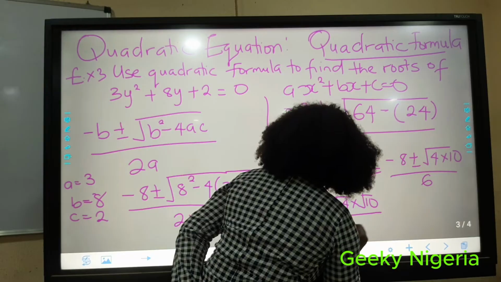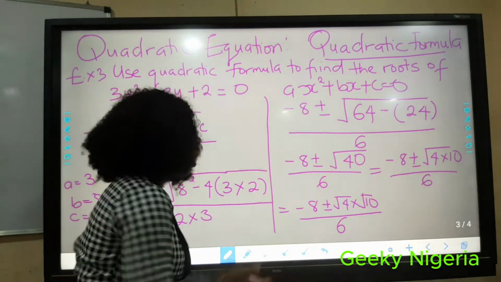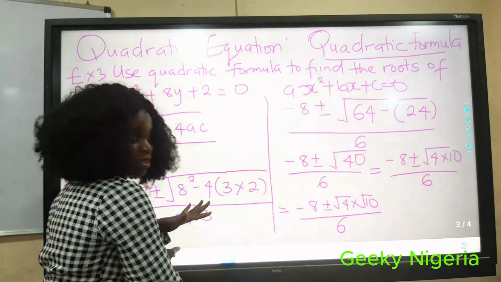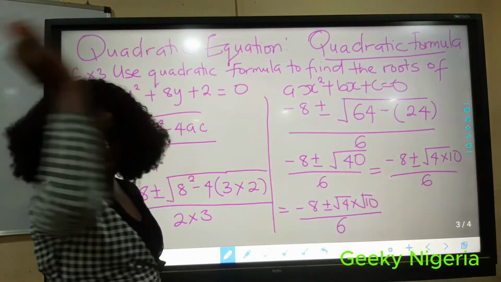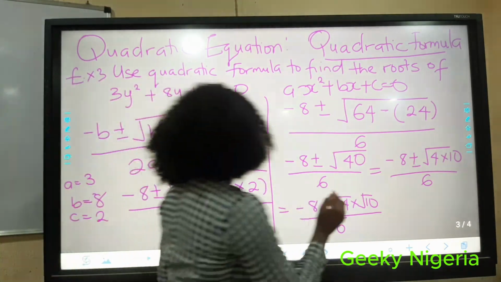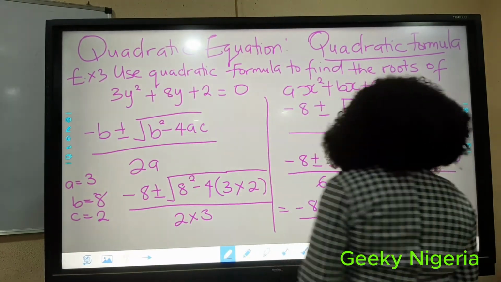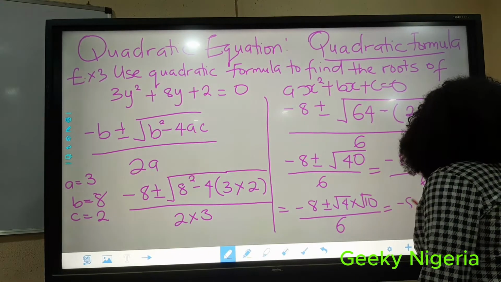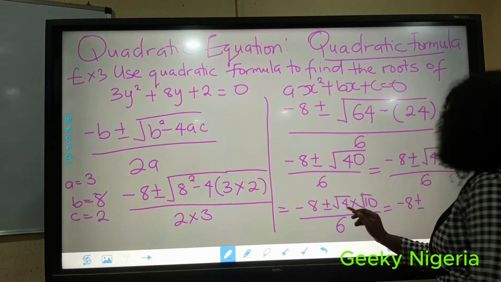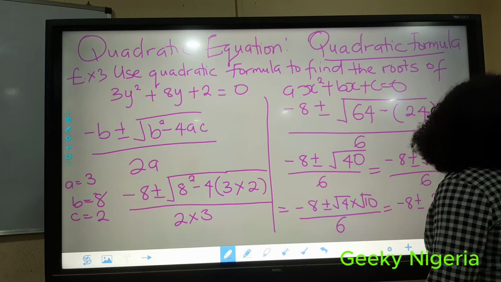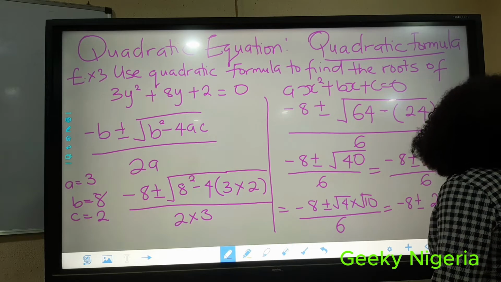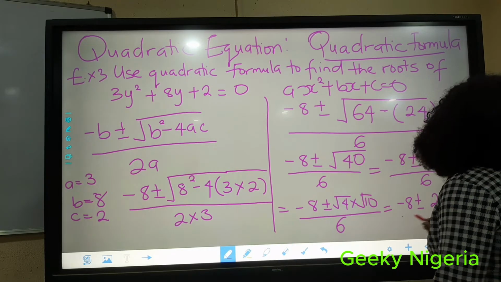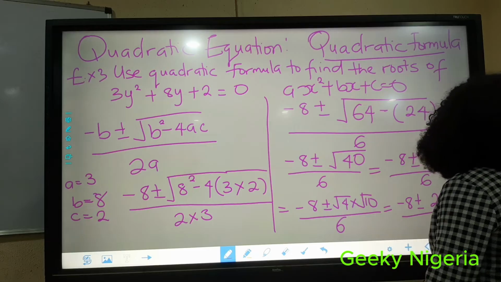Look, I'm always saying all over so that you don't stop halfway. The line goes across the entire equation. So we have minus 8 plus or minus the square root of 4, which is 2, so we have 2 root 10, all over 6.